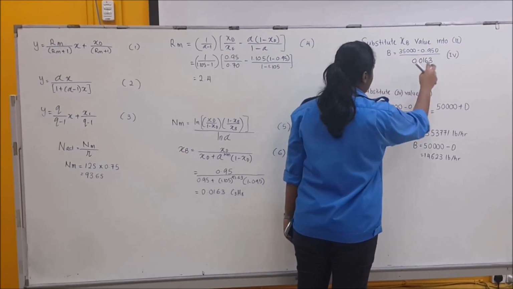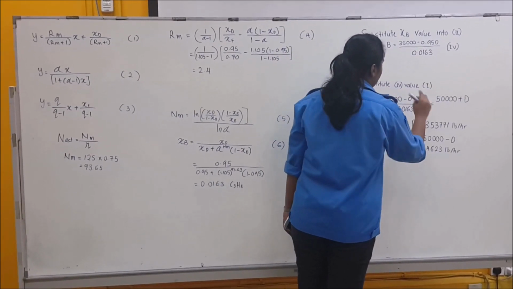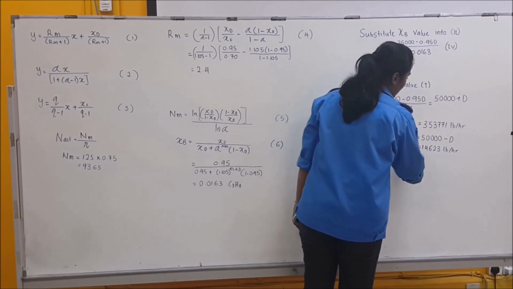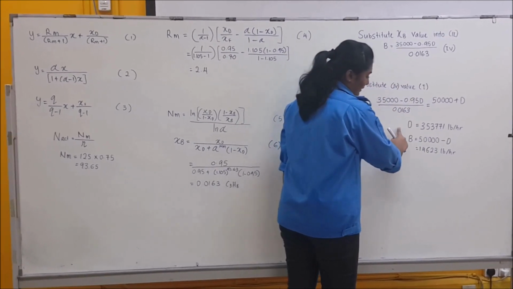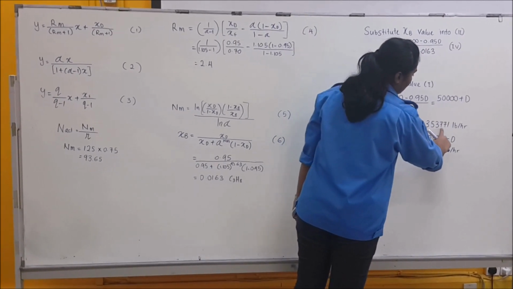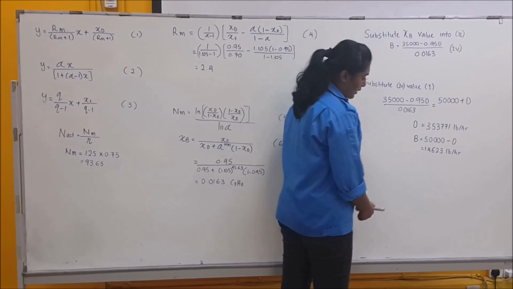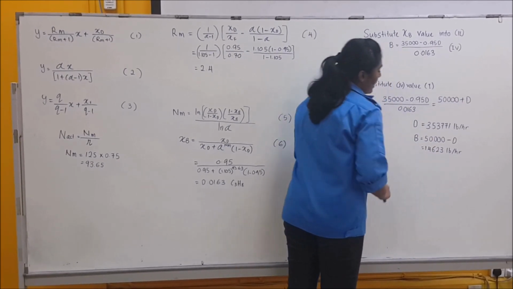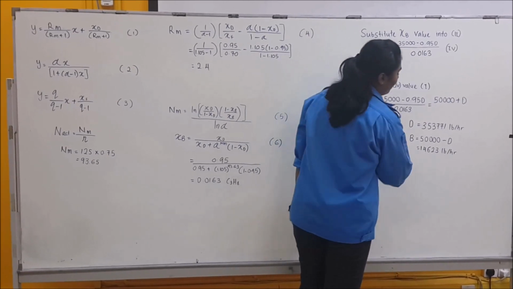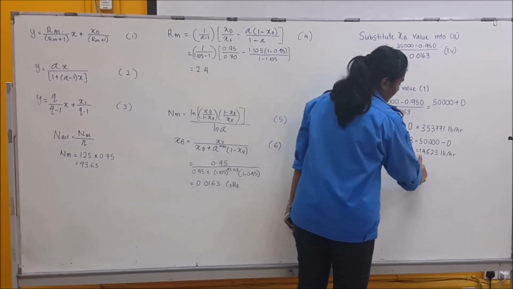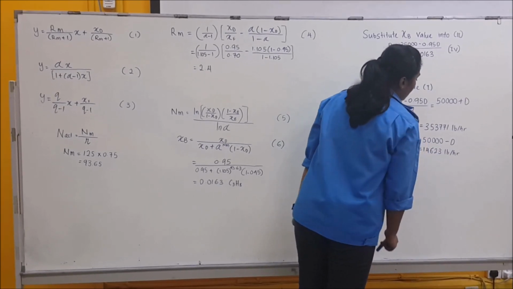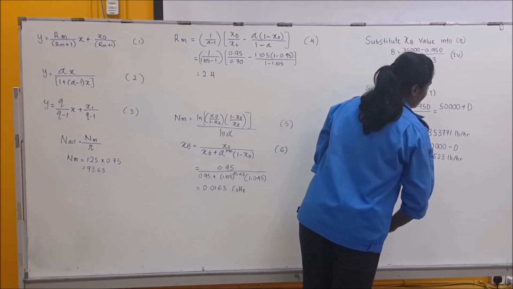And we can substitute equation number 4 into equation number 1, and we can calculate the value for the distillate molar flow rate, 35377 pound mass per hour. So we can get 14623 pound mass per hour.